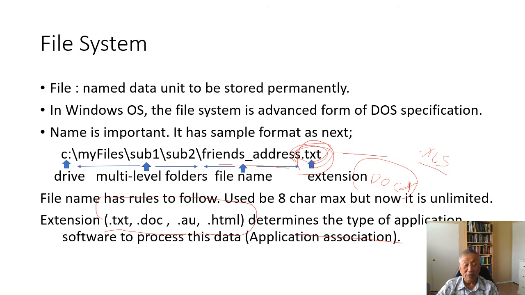And of course, don't get me wrong, the system software also has some, as long as it's a file, we need some kind of extension. By the way, I think I told you, but a file is a kind of named unit of stored information. So it is much like a record.